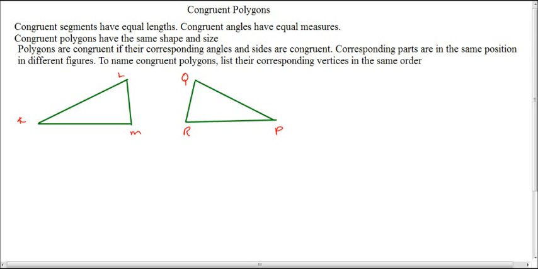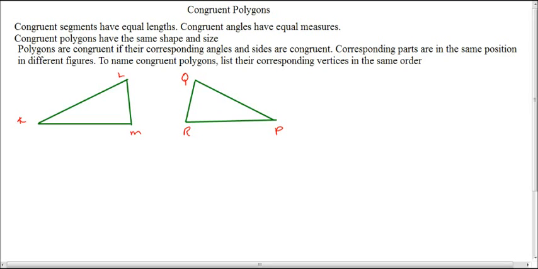Now, when we talk about congruency, we say that congruent segments have the same length, and we say that congruent angles have the same measure. But if we notice here, we don't have any length mentioned and no measurement.